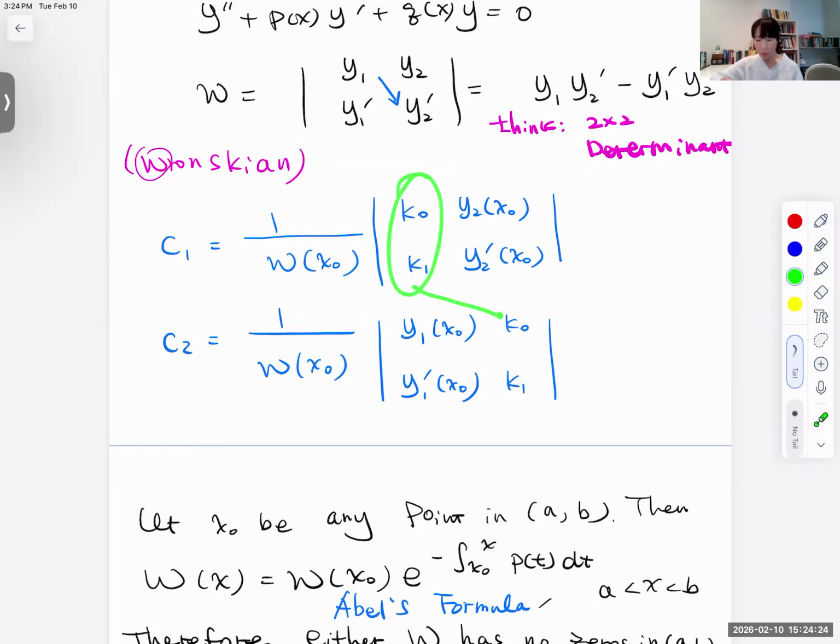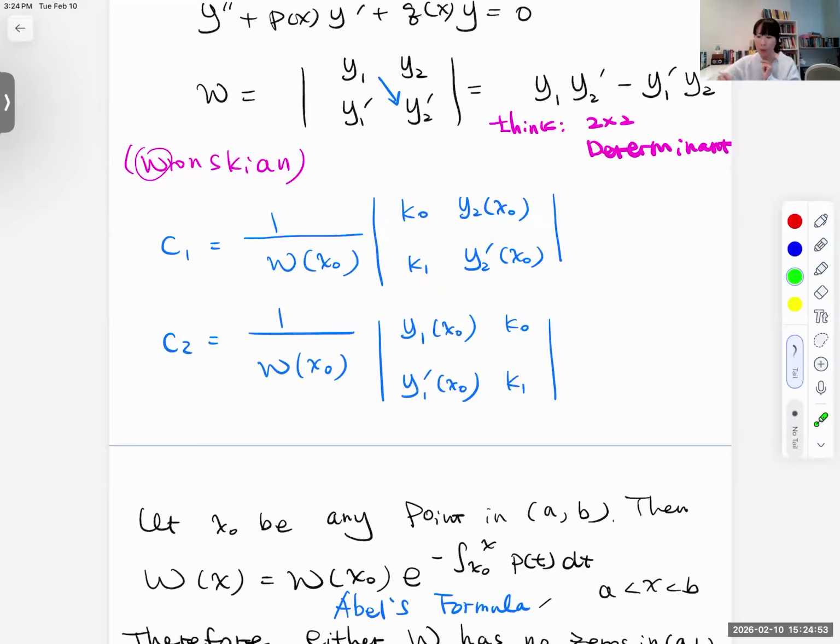We have k naught, k sub 1 in the first column and y sub 2 in the second column. Makes sense, right? Then for c sub 2, we have y sub 1 for the first column, and k naught, k sub 1 moves to the second column.